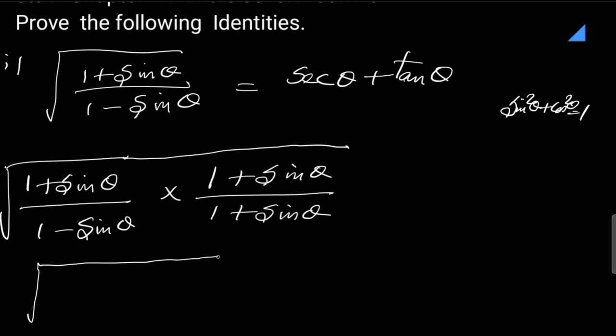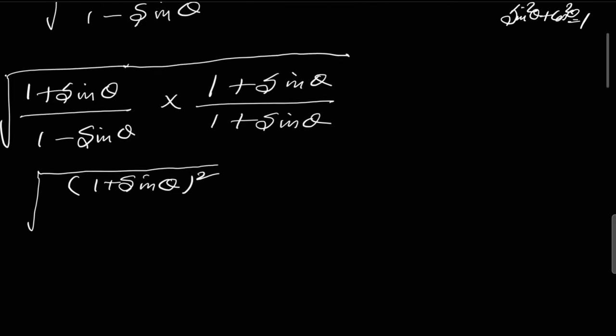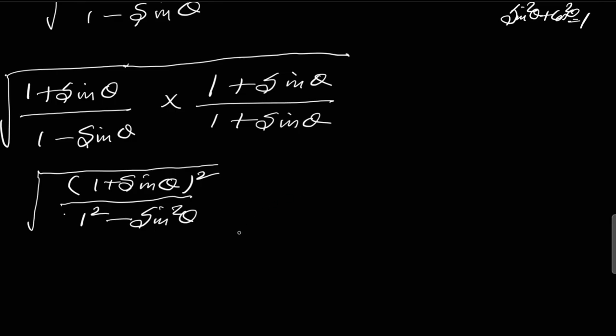Numerator both are the same: 1 plus sine theta into 1 plus sine theta, 1 plus sine theta the whole square. But denominator you have 1 minus sine theta, 1 plus sine theta, A minus B, A plus B, A squared: 1 square minus sine square theta.